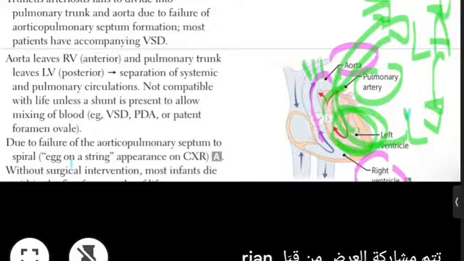From the left ventricle, through the pulmonary artery, it will go again to the lung. So it's a closed loop, okay? Like there's a separation between the aorta and the pulmonary.